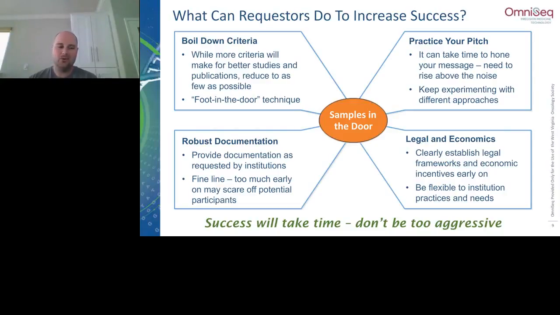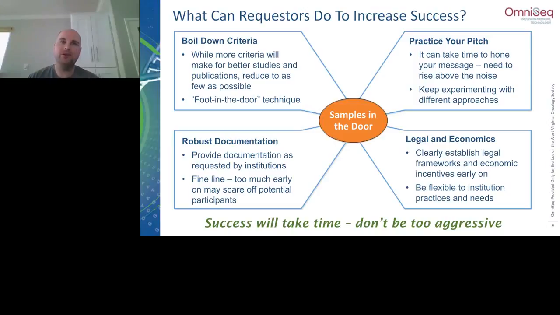For everyone listening, I would just make a plea that when you're approached to participate in a study of this nature, or when you're considering one yourself, I think it's important for us as an industry to work together as best as possible to make these things a reality.